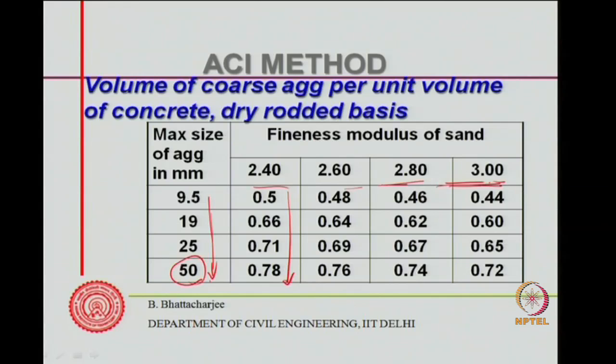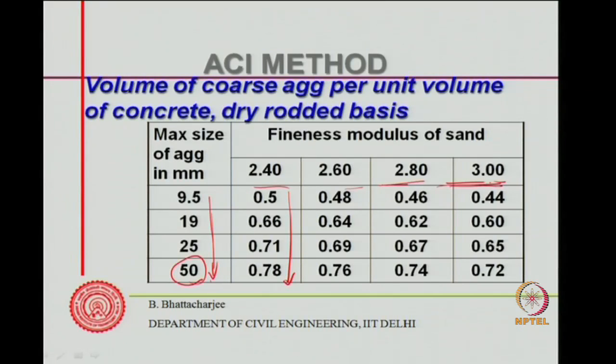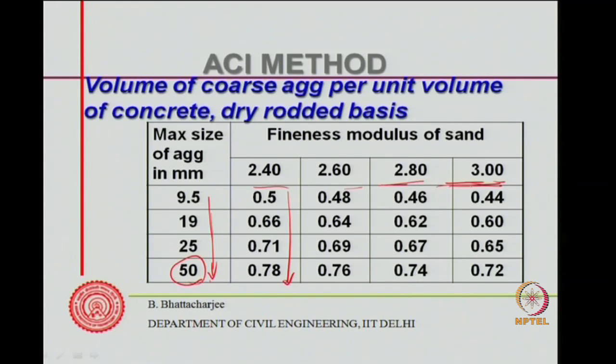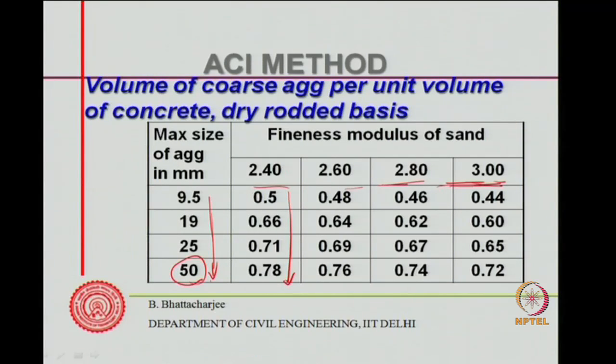Higher fineness modulus means the overall size will be coarser, which means you have a better grading of the sand itself. Sand particles pack better, and they have more larger sizes available in them.